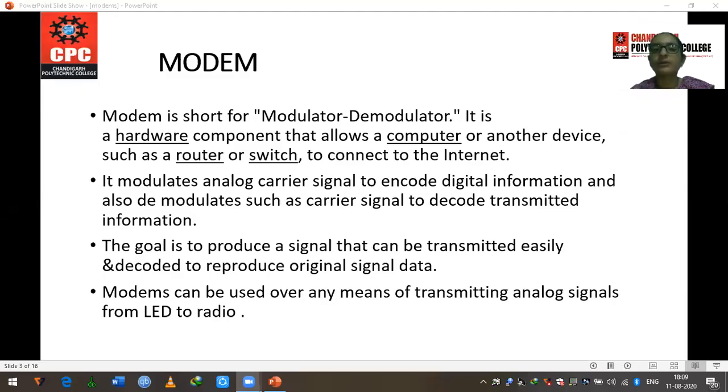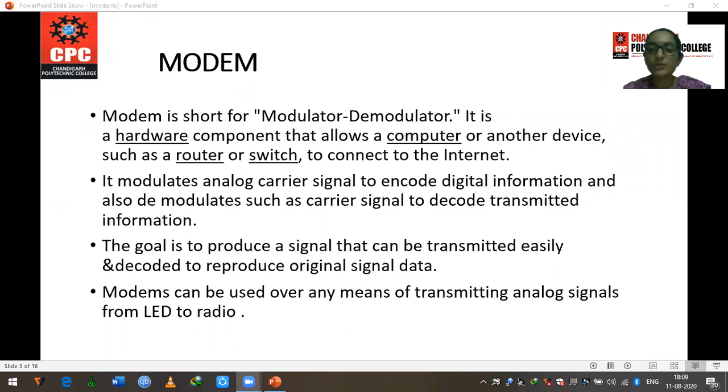What is a modem? It is a modulator or a demodulator. It's a hardware component that allows a computer or another device such as a router or a switch to connect to the internet. It modulates an analog carrier signal to encode digital information and also demodulates such a carrier signal to decode transmitted information.